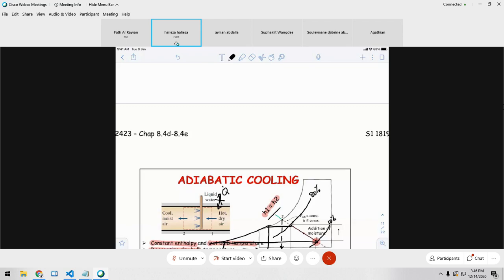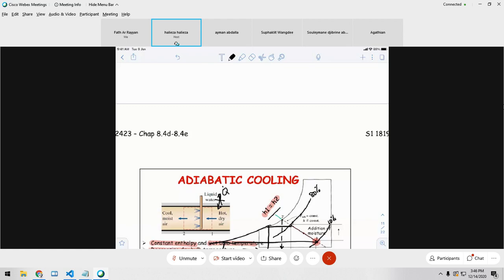Let me get it right. Is it reduce or increase? Guys, check it out. I might be wrong, but I think it should be reducing the pressure. The throttle valve is reducing the pressure.